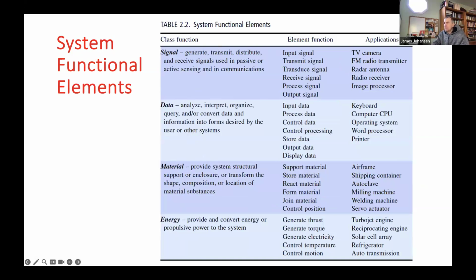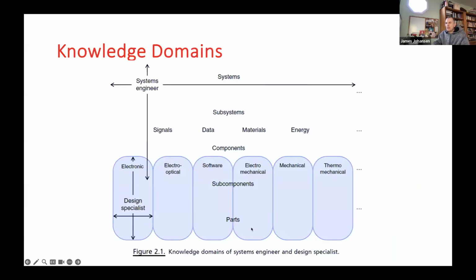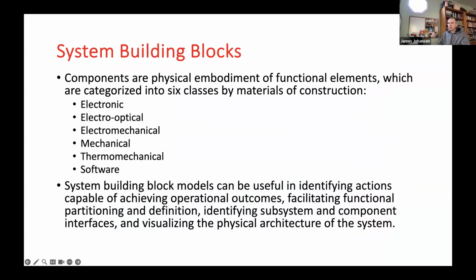Then we get into more specifics, the component level: the electronics, the electro-optic, the electromechanical, mechanical, thermomechanical, and software. We're just having an expansion of this figure that we showed before to have us think about that in a little bit more detail.